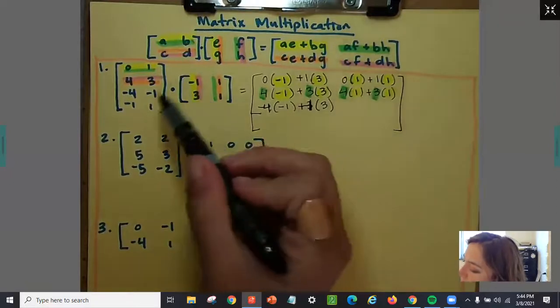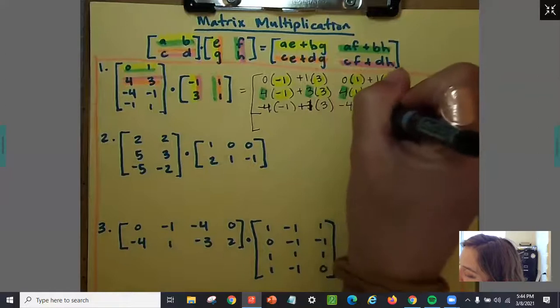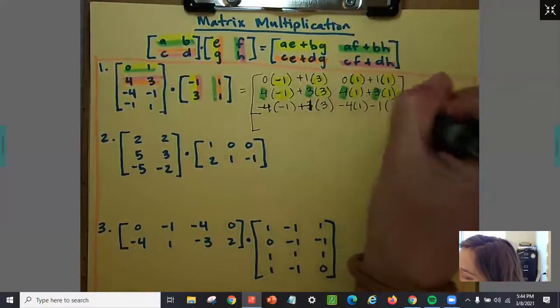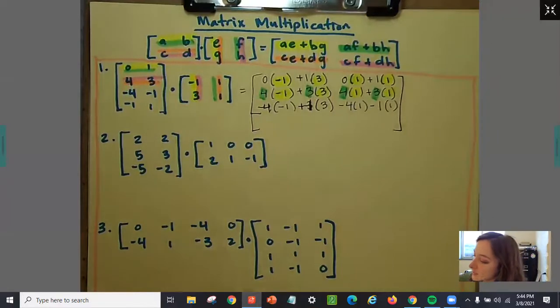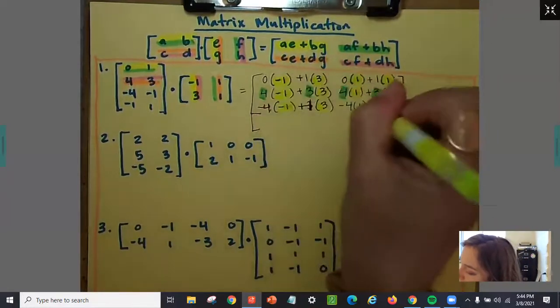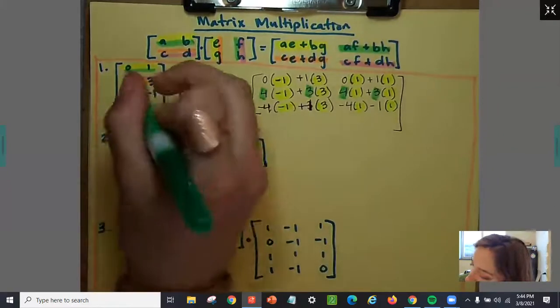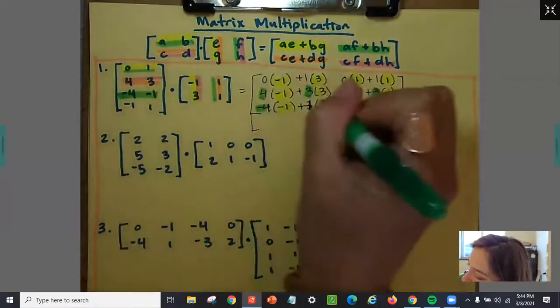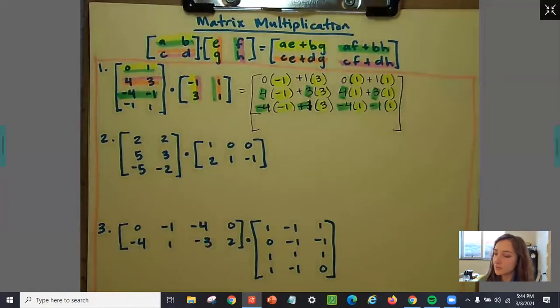Moving on to the next one, we're going to have negative 4 times 1 minus 1 times 1. So all of these things are staying the same, and these things here are coming from our other two numbers. That's a negative 1 right there. Sorry about that.